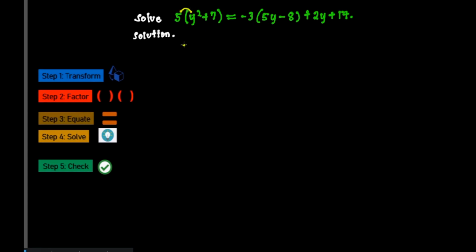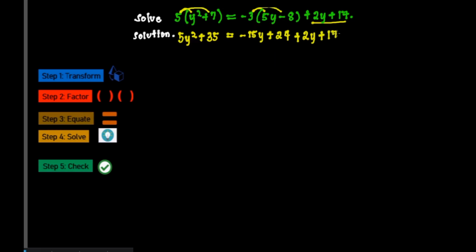To apply that, 5 times y squared, 5y squared, 5 times 7 is positive 35. On the other side, negative 3 times 5y, what is that equal to? Yes, negative 15y. Negative 3 times negative 8 is positive 24. And we will just copy 2y plus 17.